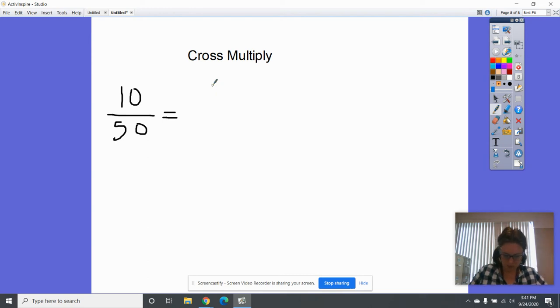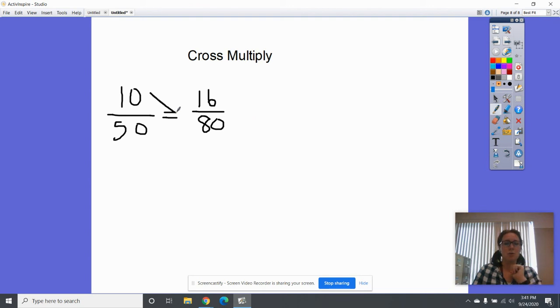And let's try this. Actually, I don't know if this one will work or not. 16 over 80, and I say, hey, are those proportional? Well, I could divide, top divided by bottom, or I could simplify each fraction, or third option is called cross multiplying.